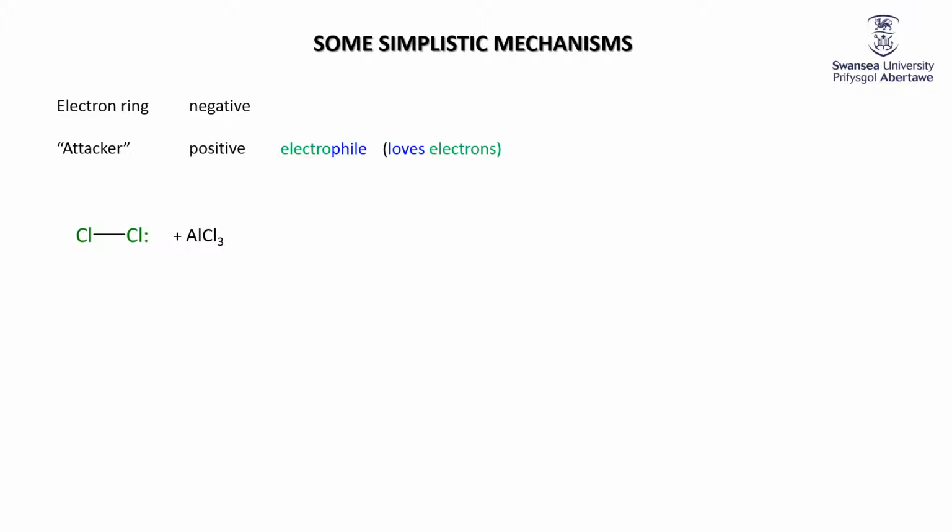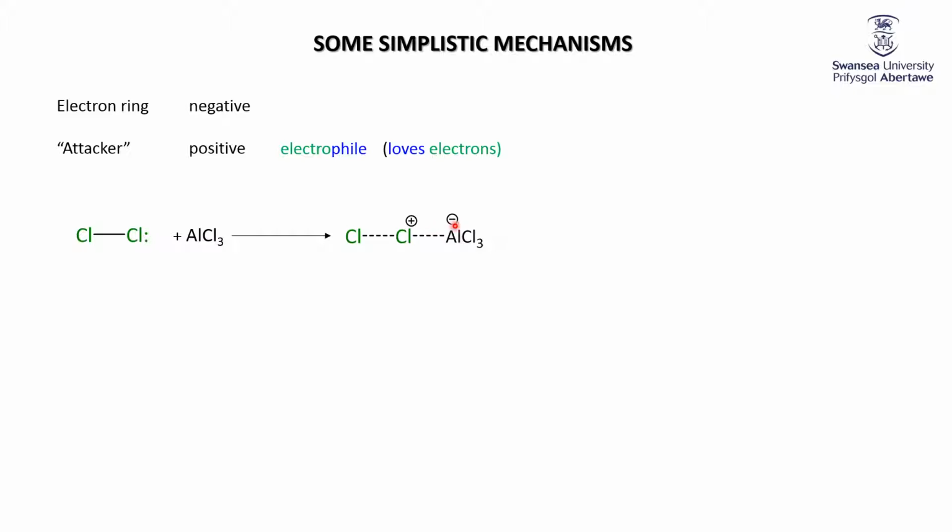So it is going to be ripe for attack by the lone pair on a chlorine atom in a Cl2 molecule. So you get this kind of species here. Essentially, the lone pair on the chlorine gets attracted to the aluminium, so there it is coming there.